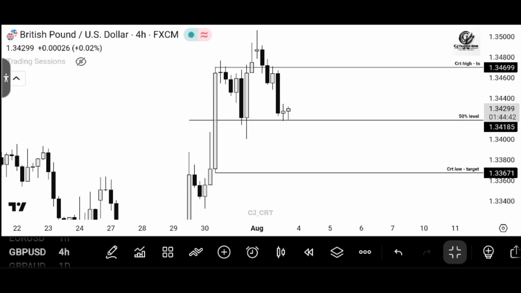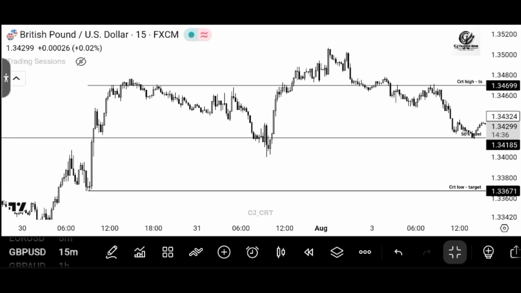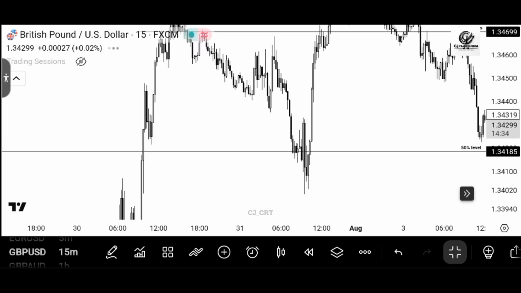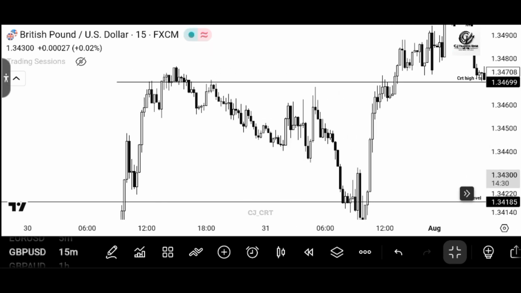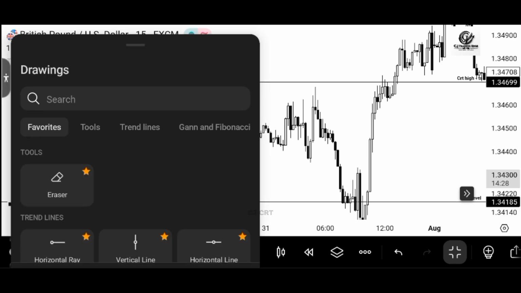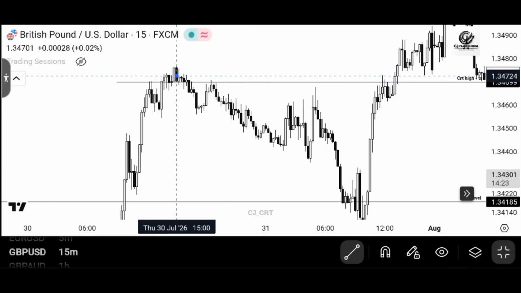So now my entry. Drop down to the 15 minutes time frame. On the 15 minutes time frame, you see our mode 1 entry, which is this thick up close candle, this one.